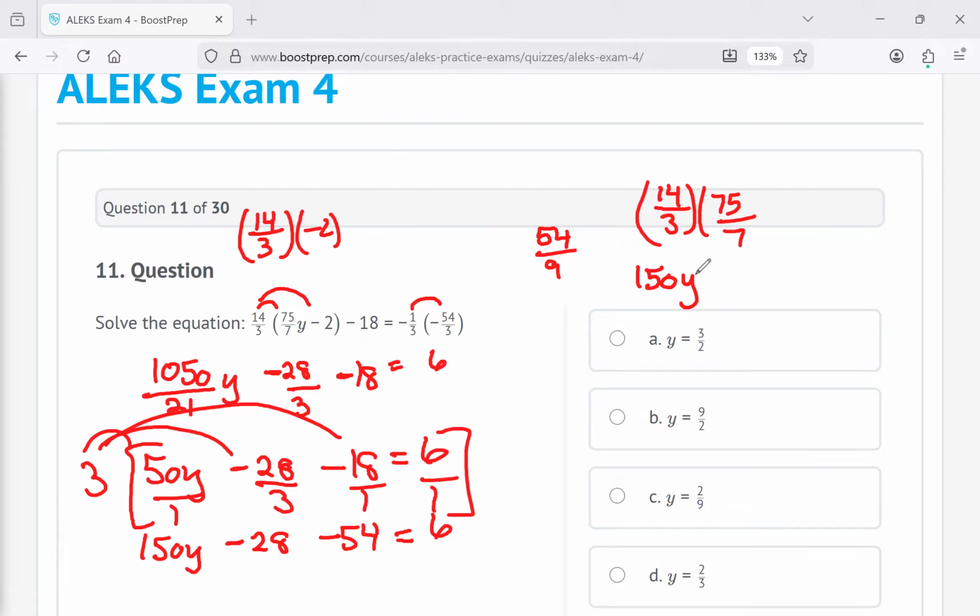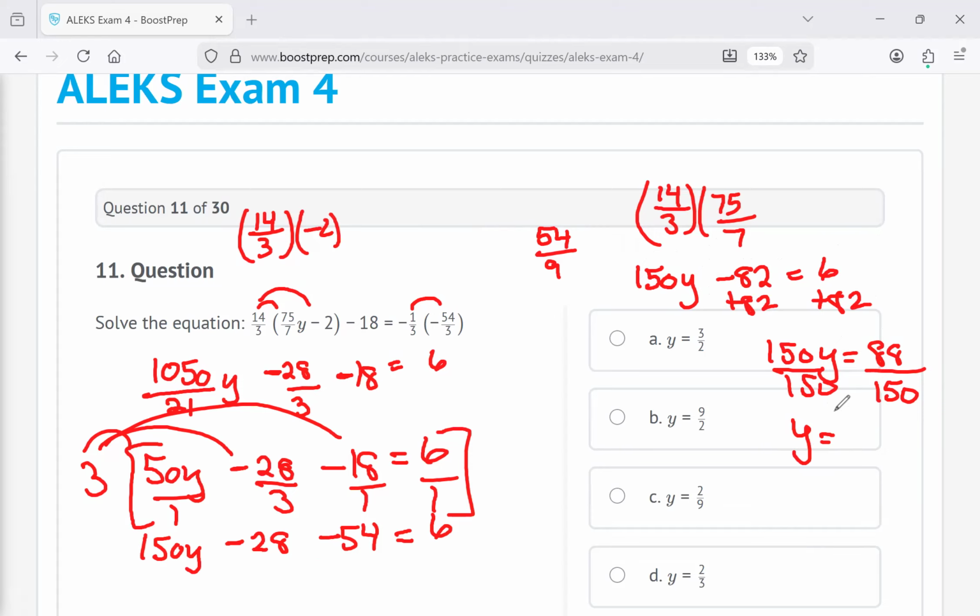150y, and then -28 and -54 is -82, equals 582. Divide this by 150. 88 divided by 150 is 0.58.